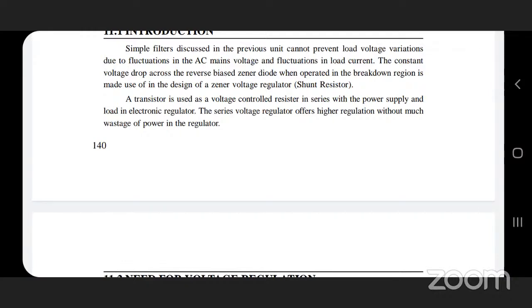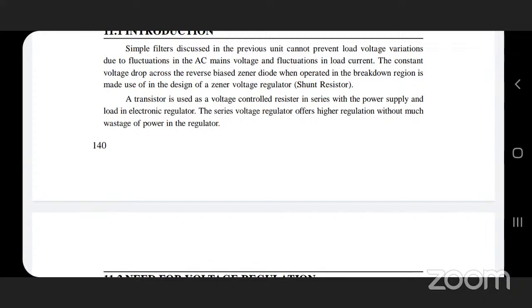So to get a constant voltage drop, we use the reverse biased Zener diode. Please underline this: reverse biased Zener diode. That means the diode is not conducting any current when it is operated in the breakdown region. The breakdown region means breakdown voltage VZ, and avalanche breakdown is also there.